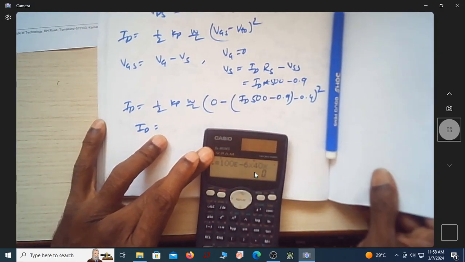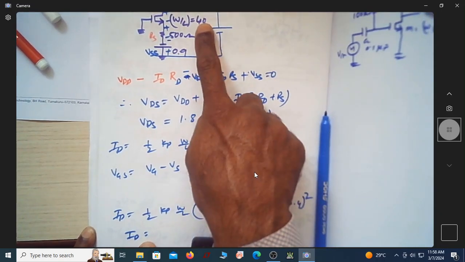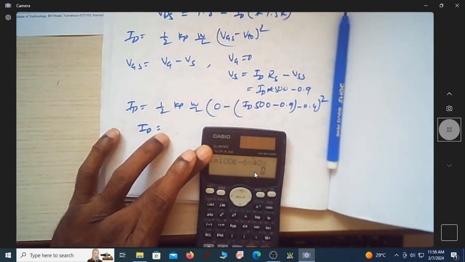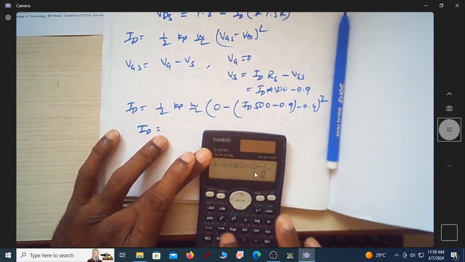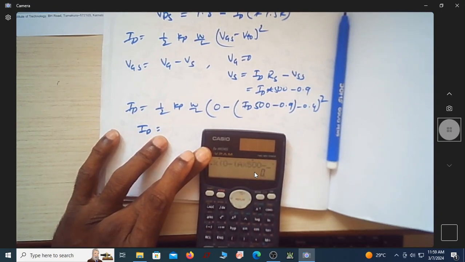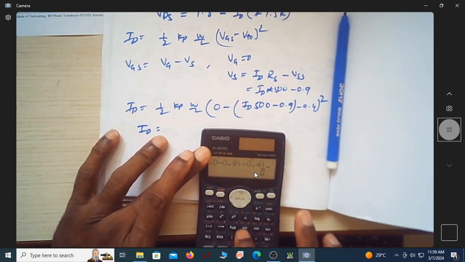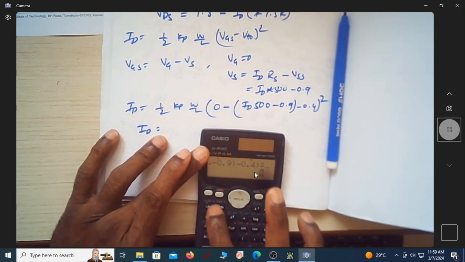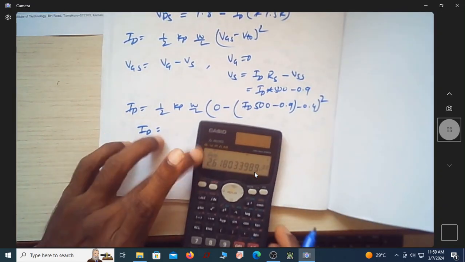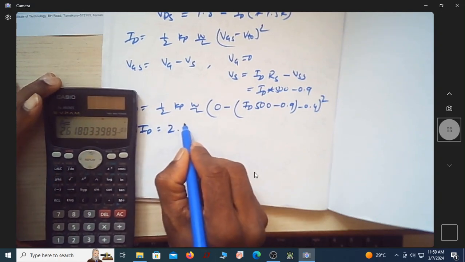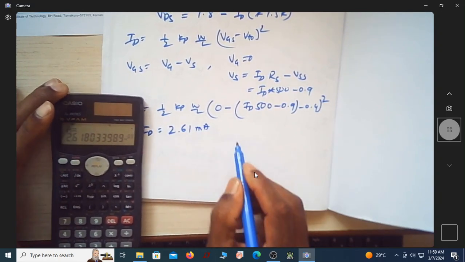You can see W by L is 40 here. So this is W by L 40 into 0 minus (alpha A into 500 minus 0.9) minus 0.4, squared. One of the currents is 2.61 milliampere.